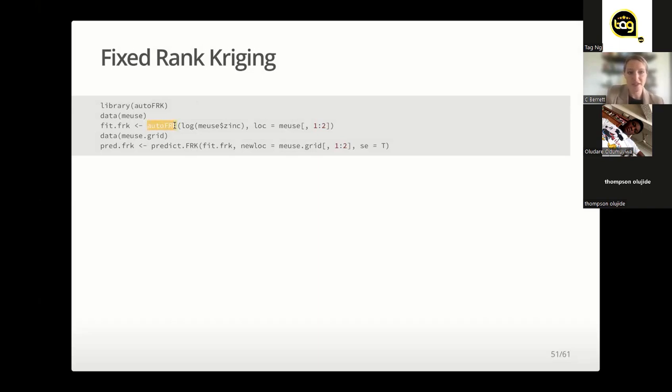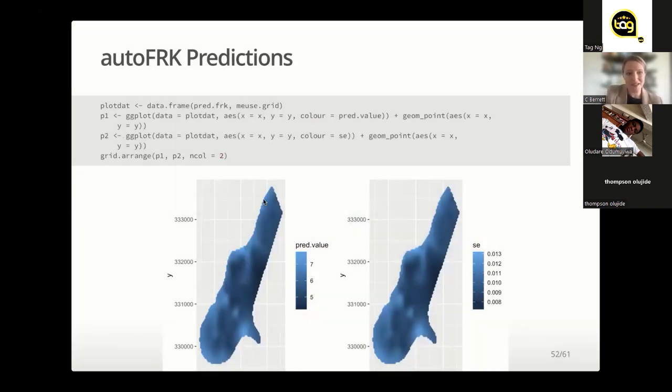The function is auto FRK, and then we're going to predict. And here are the plots. I plotted these using ggplot because that was the easiest thing to do. The range is from about 4 to 8 again, so we're getting similar predictions.